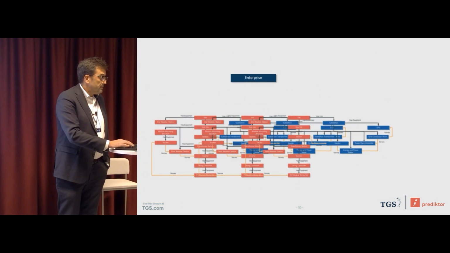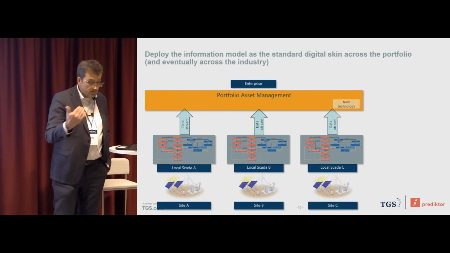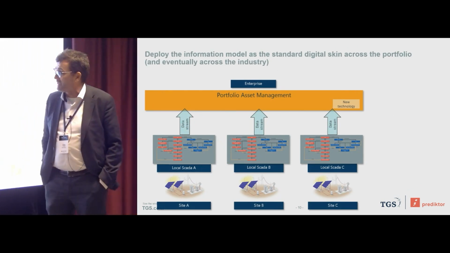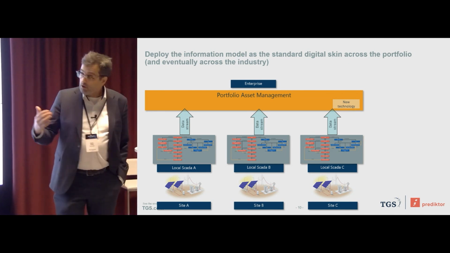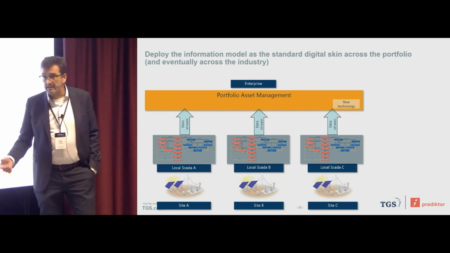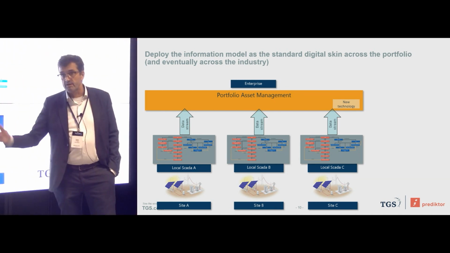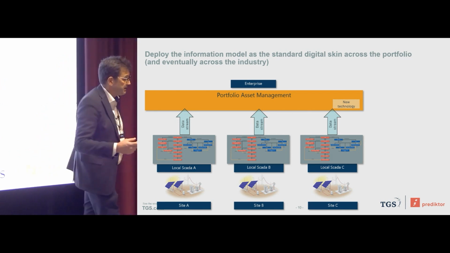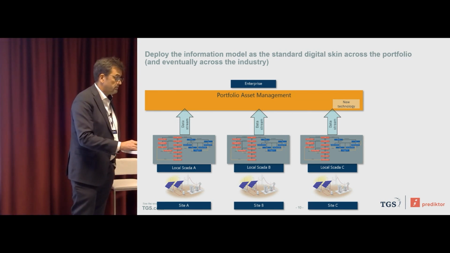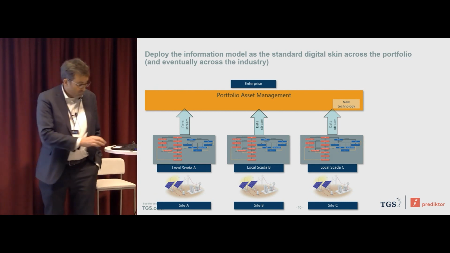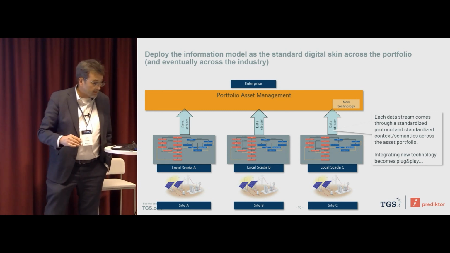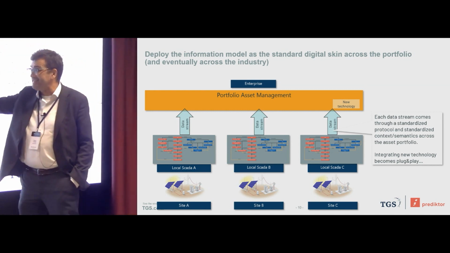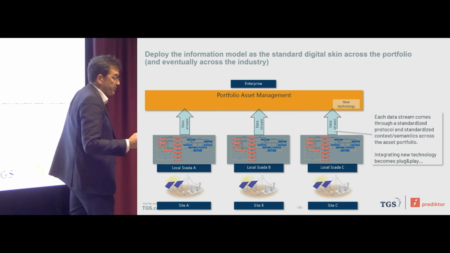The opportunity is then to bring this into the SCADA system, or put that on top of the local SCADA, and ensure that whenever you bring data up to the enterprise, it will always be mapped to the standardized asset types, the equipment types in this information model. Then deploying a new technology will most likely become much more plug and play, because you will see the same definitions for any type of equipment across.